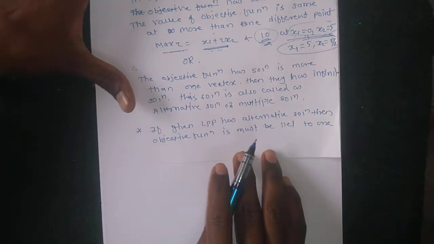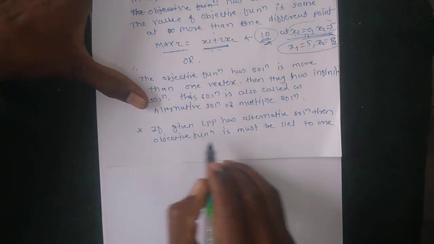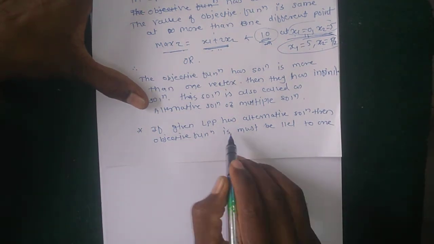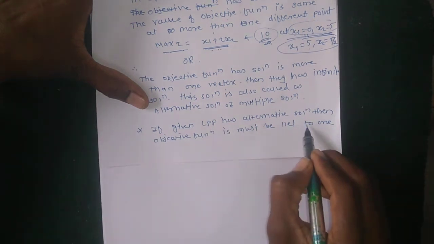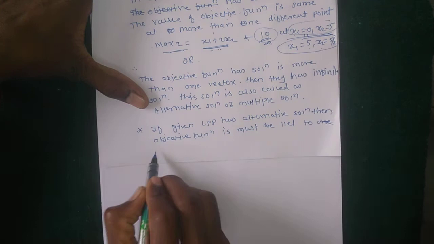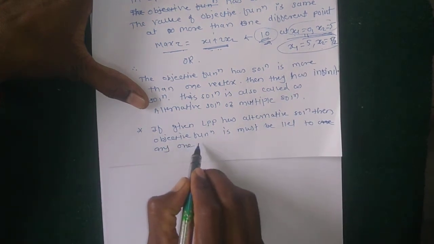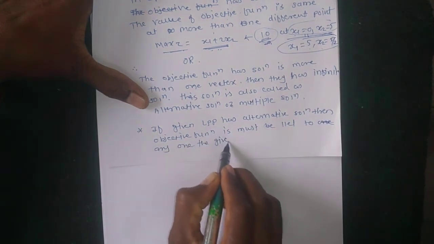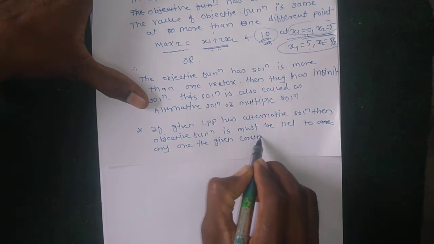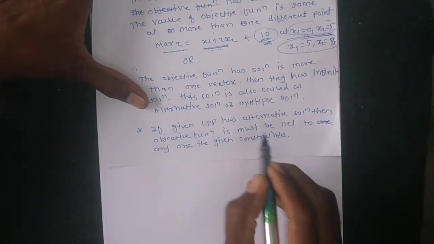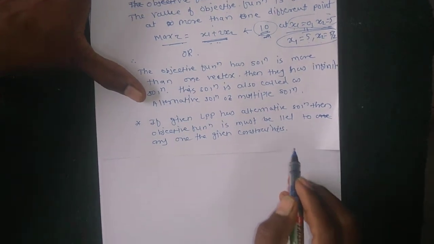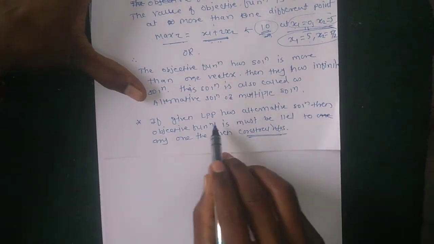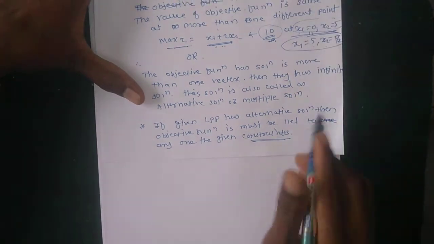When the given LPP has an alternative solution, the objective function is parallel to any one of the given constraints. Okay, this is an alternative solution.